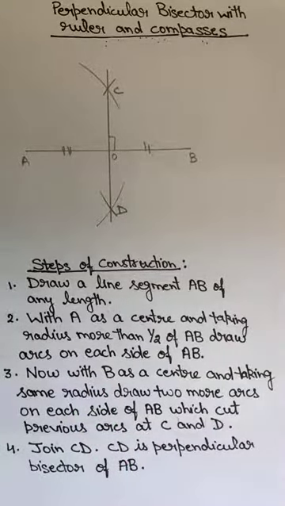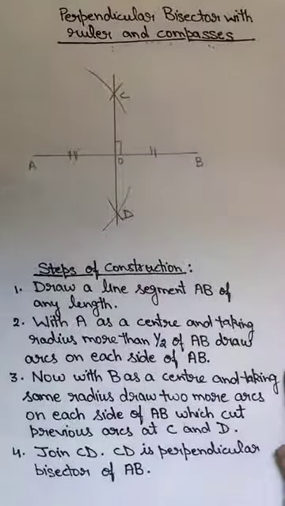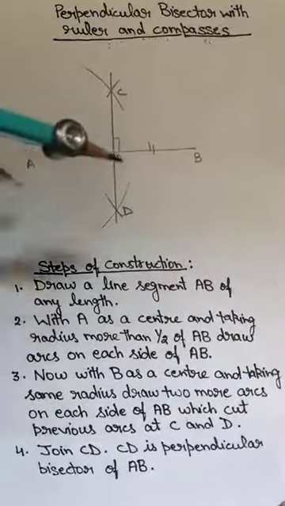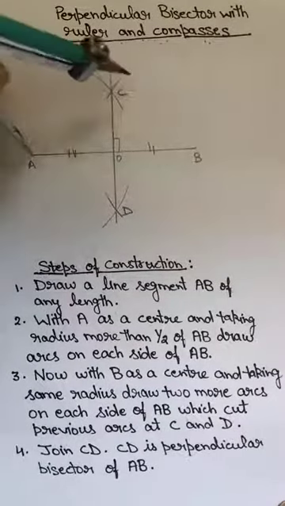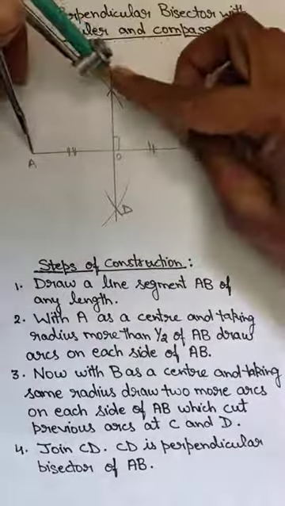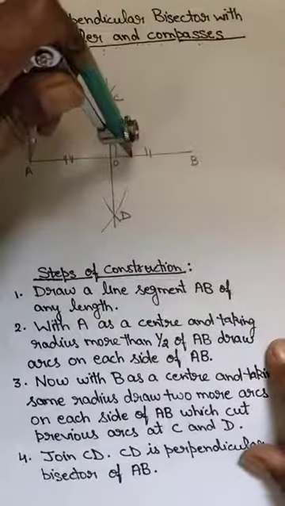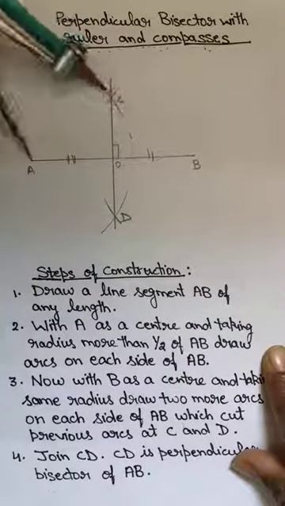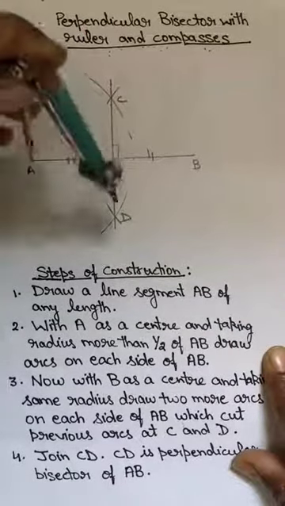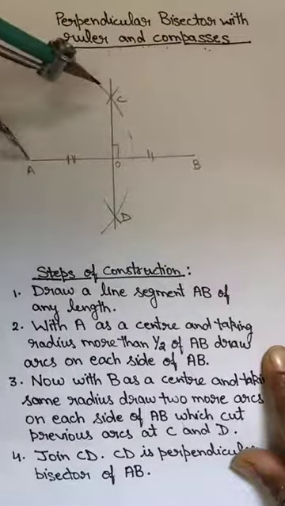Let me tell you how. This is one line segment AB. Now with A as a center and taking radius more than half of AB, this is more than half of AB, draw two arcs, one arc from here and one here on both sides of line segment AB.